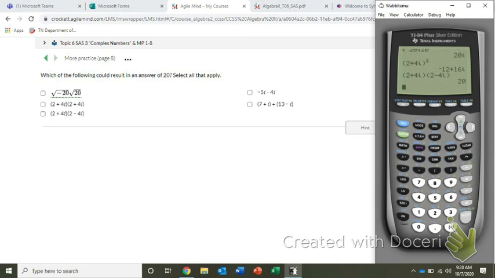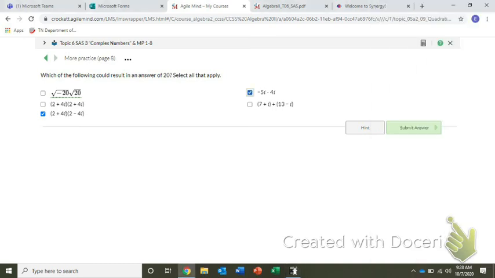Then we have a negative 5i and a 4i. It gives me 20 because 2 i's make an i squared, and i squared equals negative 1, and a negative times a negative makes a positive.